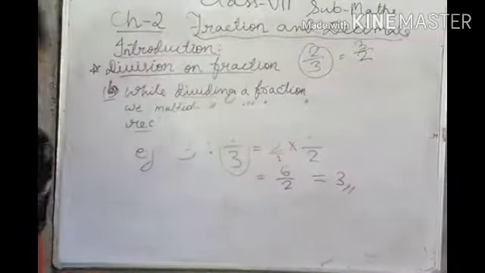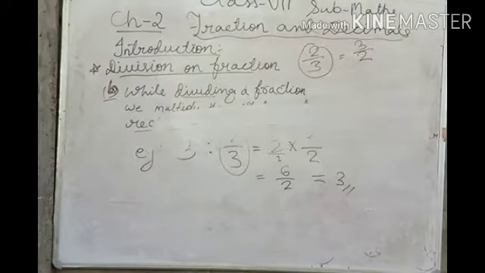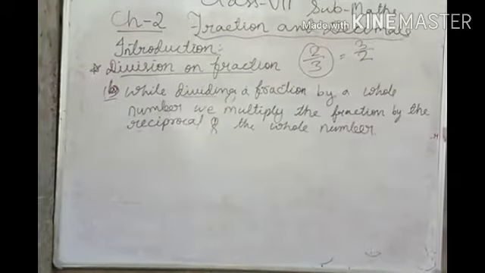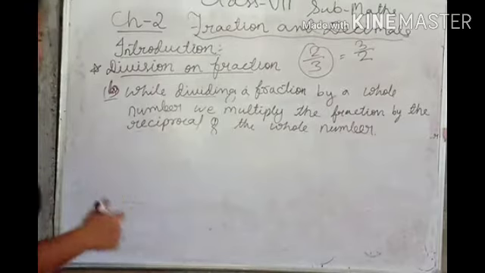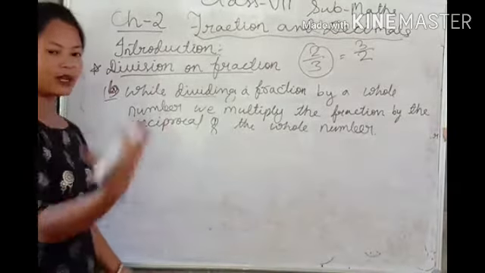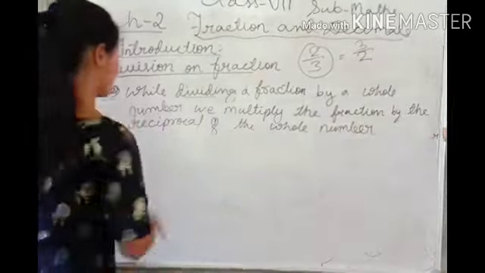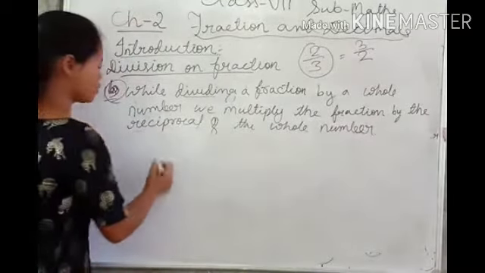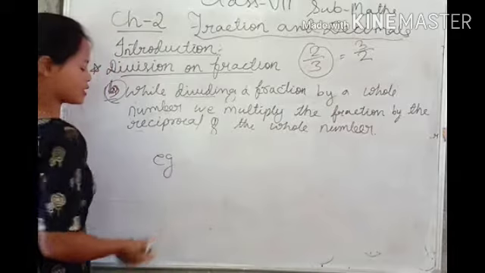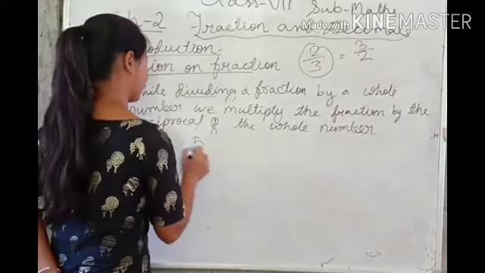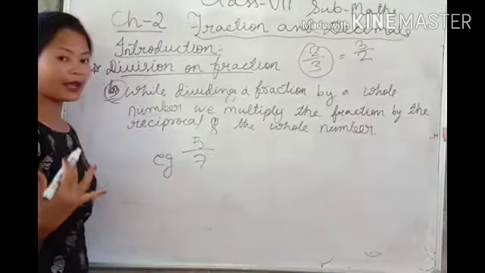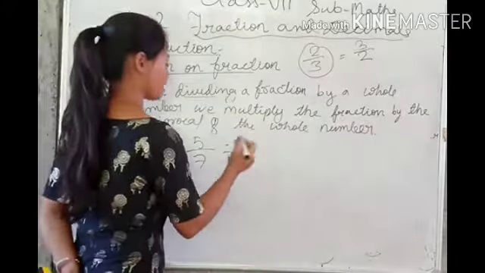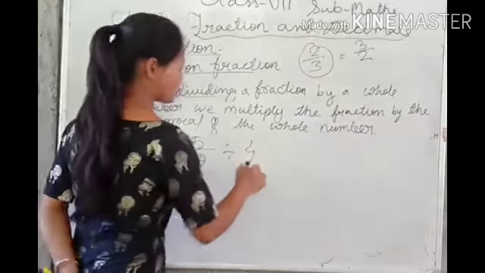First we have learned dividing a whole number by a fraction. Now while dividing a fraction by a whole number, what will the whole number be? Suppose I am writing 4.